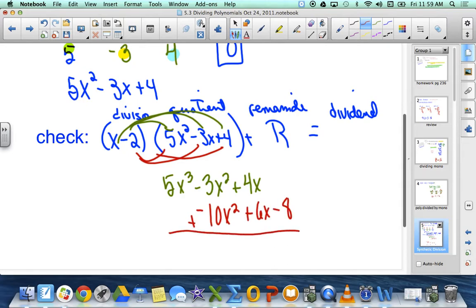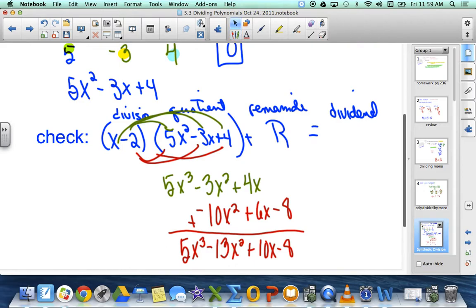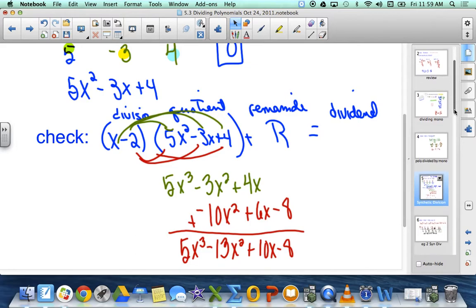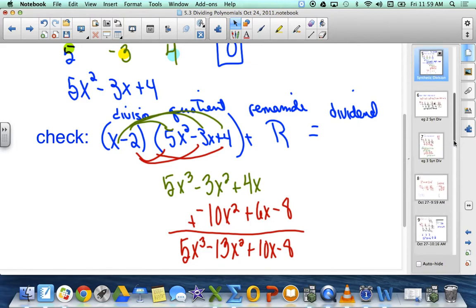We add these all together, we get 5x cubed minus 13x squared plus 10x minus 8. Is that what we started with? Yes. That's the dividend.